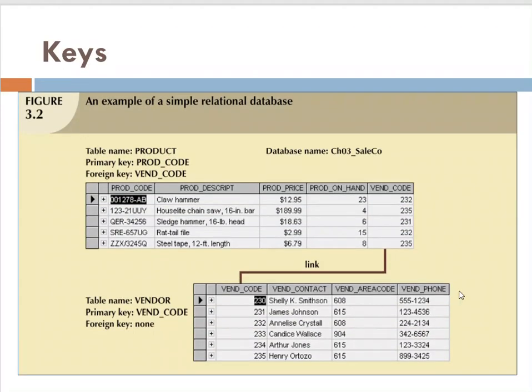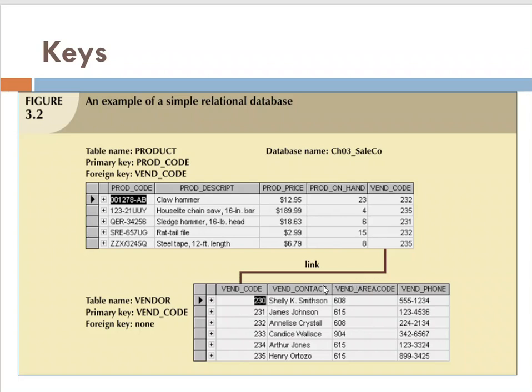How do we get this relationship? You have to analyze the table. For example, in table product, you can see the same vendor code appears 2 times. For example, 232 appears 2 times, 235 also appears 2 times.